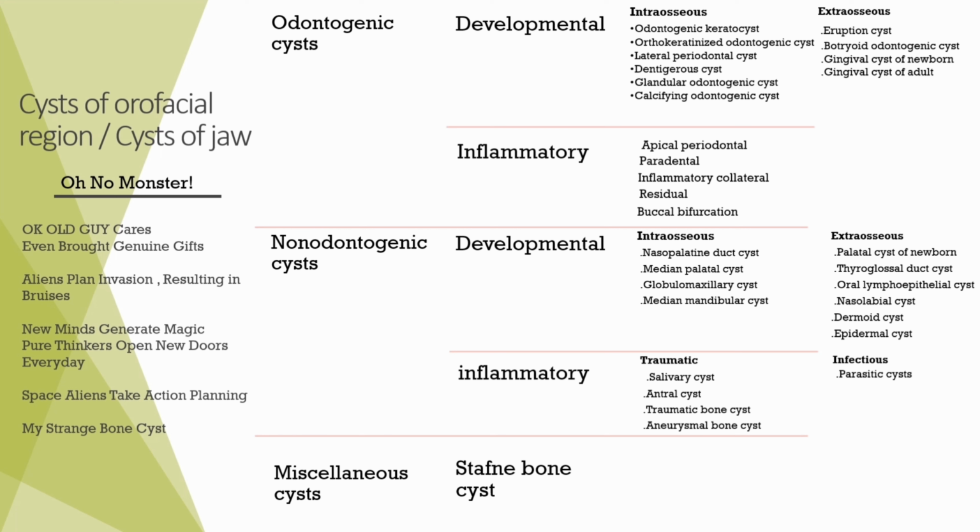So, space aliens take action planning, traumatic and infectious: you have these 5 cysts under inflammatory. And finally, we've got the miscellaneous cyst, that is Stafne bone cyst. I have made a mnemonic called "My strange bone cyst." That is Stafne bone cyst.